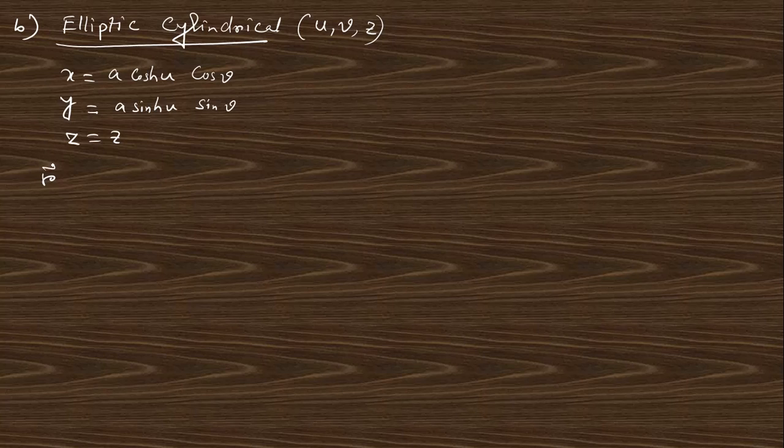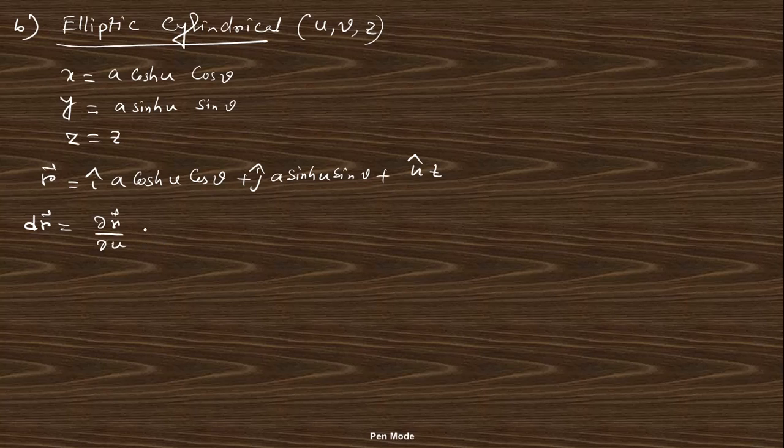So the r vector, that is the position vector, will be nothing but i cap a cos hyperbolic u cos v plus j cap a sin hyperbolic u sin v plus k cap z. So the dr vector is nothing but del r vector by del u du plus del r vector by del v dv plus del r vector by del z dz.